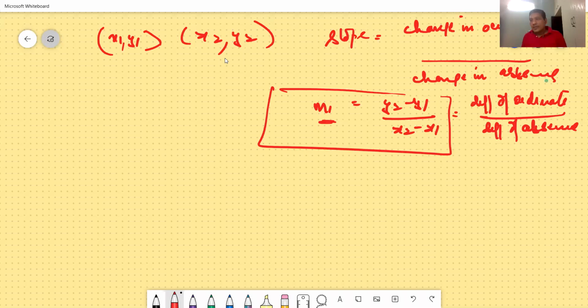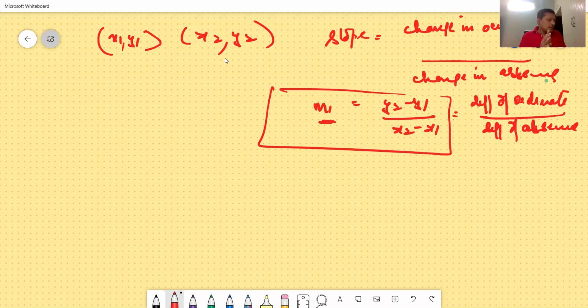It will make no difference, right? Don't think that the slope of AB is different and the slope of BA is different. It doesn't make any difference to us. You can take it both ways. So (y2 minus y1) upon (x2 minus x1) is the slope of a line whose two passing points are known to us. Who understood this much? Yes, sir.